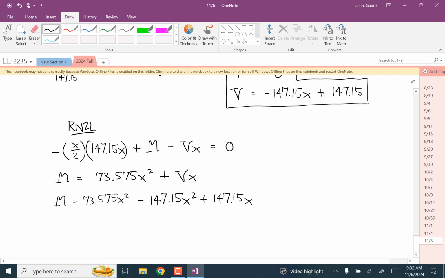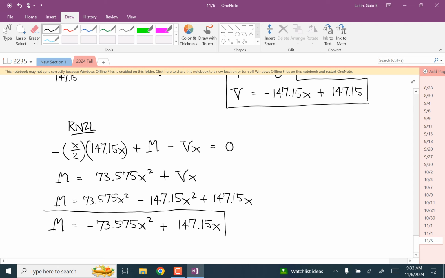Is everyone following where I'm getting that stuff? Okay, and now usually on these, you can add up some terms. We have two of these x squared terms. So our final answer for M is negative 73.575x squared plus 147.15x. Okay.